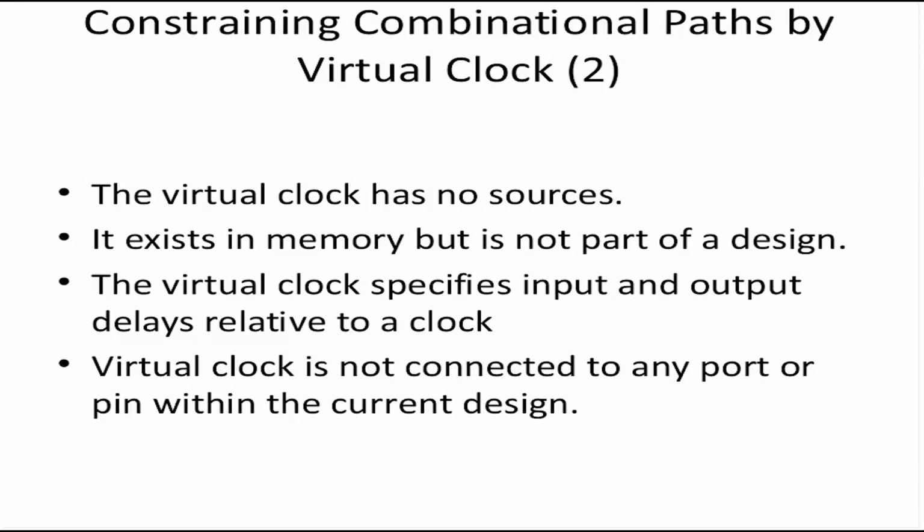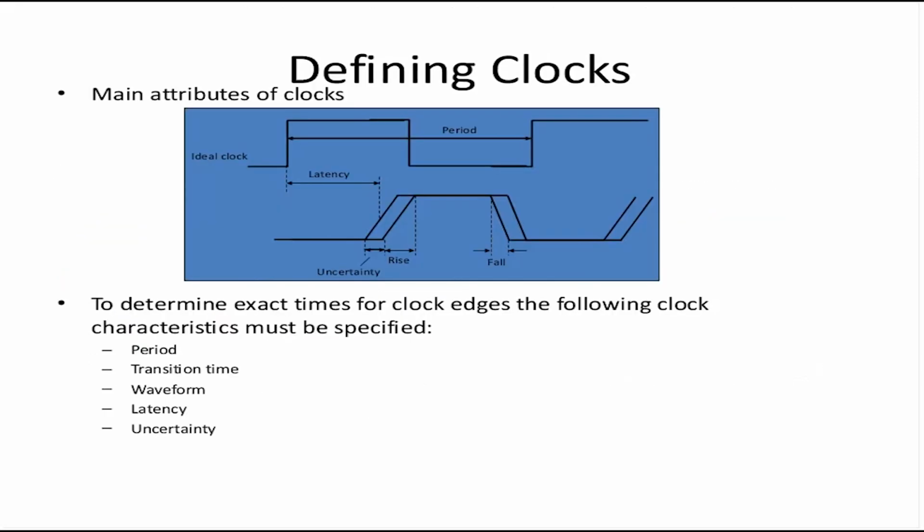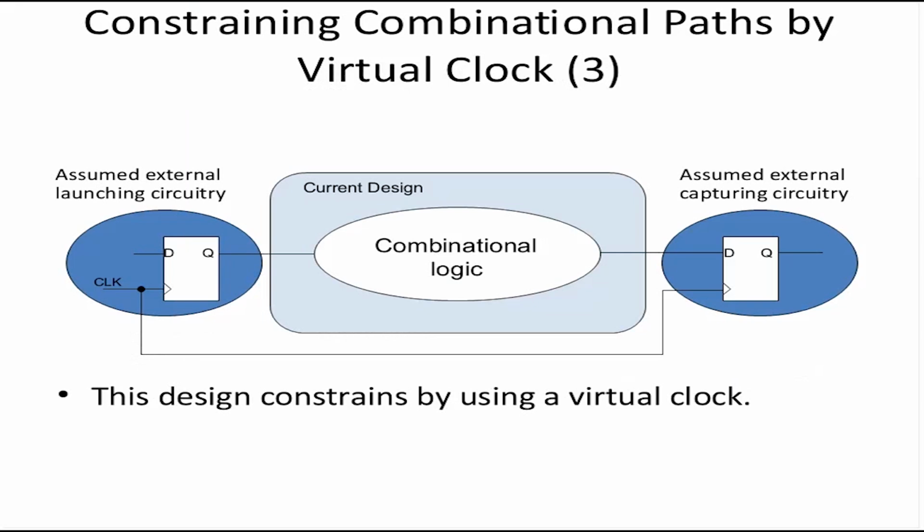Since it's not physically present in the design, it is not connected to any port of the design. This is one example: the constraint using a virtual clock. So assume that CLK here is a virtual clock. My design is wholly combinational in nature. It doesn't get any clock pin, but I know that some kind of sequential logic will drive the input and capture the output.